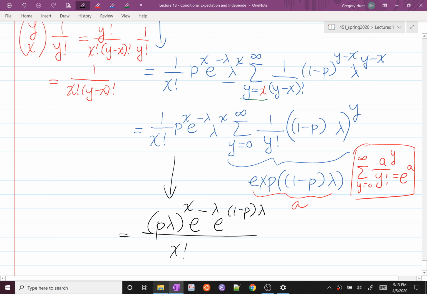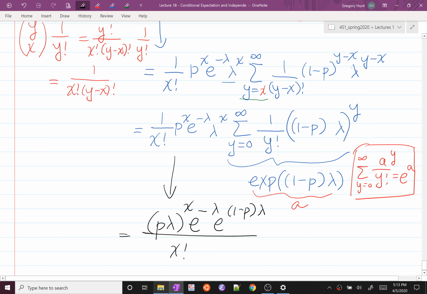Of course, we can cancel some of this, because we can cancel this e to the negative lambda with the 1 here. And so we get p lambda to the x, e to the negative p lambda over x factorial.